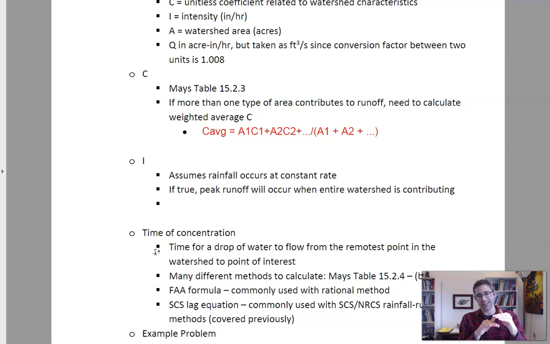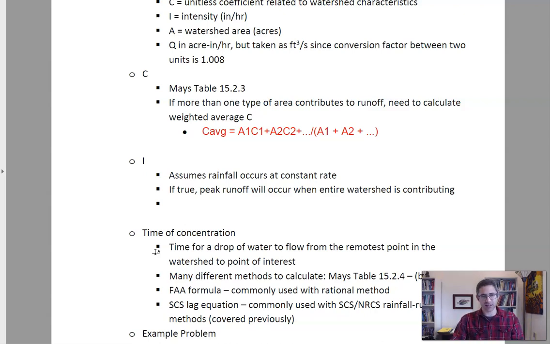As rainfall continues at that constant intensity, the longer the time, the more of the watershed is contributing to the flow at the drain, until we get to the time of concentration, at which point every spot in the entire parking lot or watershed is contributing to the drain. Thus, my peak flow is going to occur once the time of concentration has elapsed from the start of the storm.